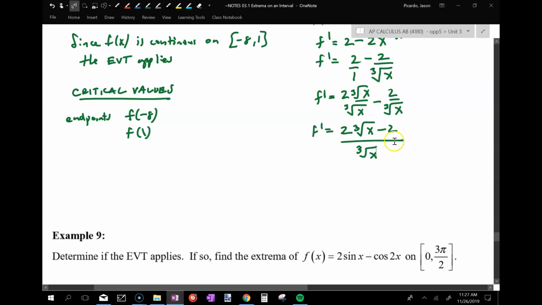All right, well, what happens here, guys? I want to see if that can equal 0. So I'm going to add 2 and divide by 2. If I add 2 and divide by 2, what's that going to give me? It's going to give me 1, right?